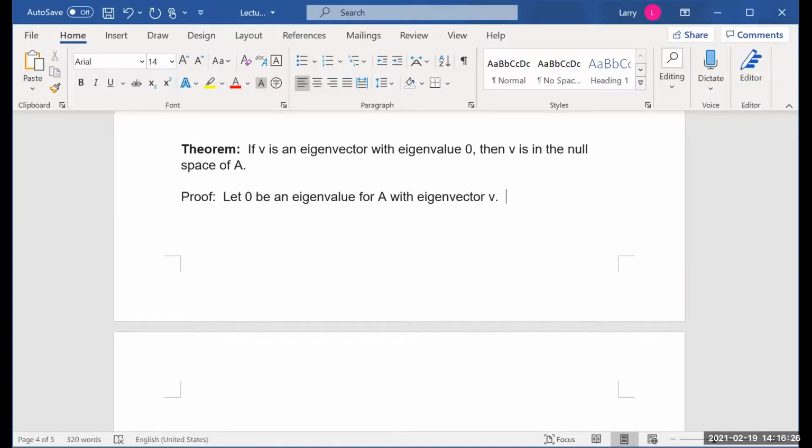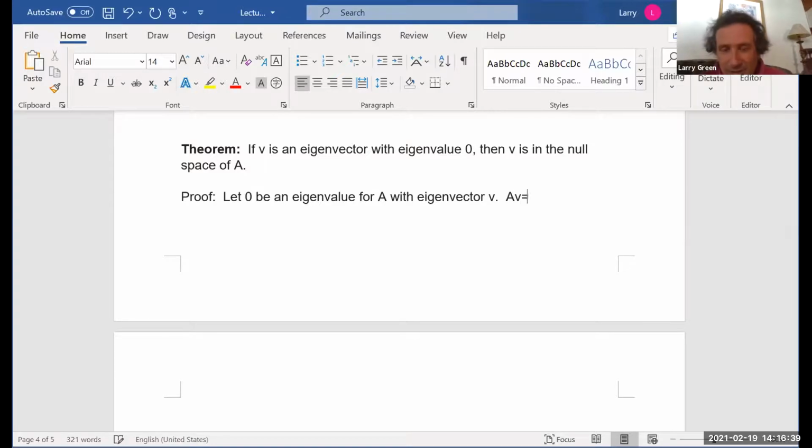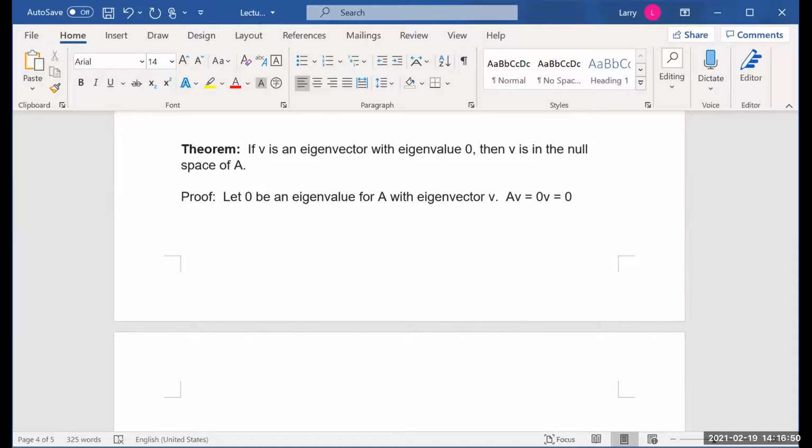We can say that A of v equals lambda v, or A v equals 0 v. What's 0 v? No, what's 0 times v? Very easy question. 0, right? 0 times a vector is always 0. Hopefully you all know that, right? Well, guess what? If Av equals 0, what do you know about v? It's in the null space of A. Yeah, by definition. I'm done.